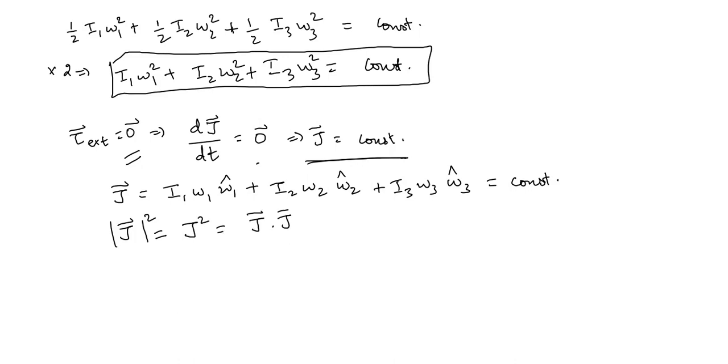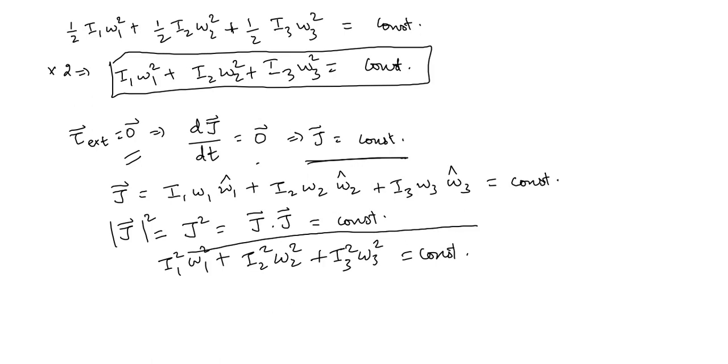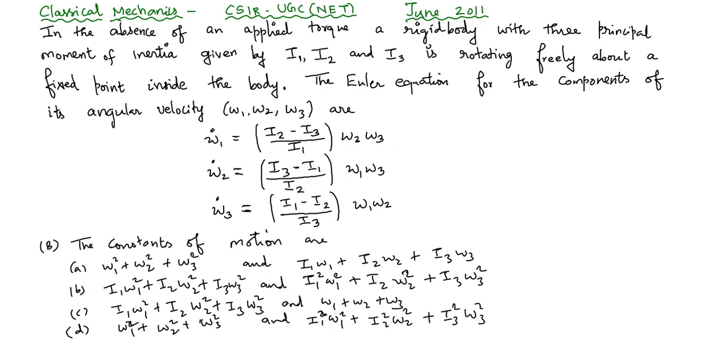Constant dot constant is also constant. Now let us calculate J vector dot J vector, that is I1 square omega 1 square plus I2 square omega 2 square plus I3 square omega 3 square, therefore that is equal to constant. So this is the answer, second part. So the answer for this problem is, this is correct, this is correct, this part is correct, and this part is correct. Therefore the answer for this problem is B.